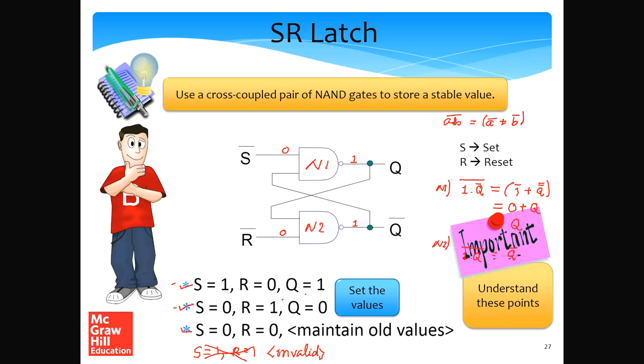And what I would advise the listener of this video is to look at all of these combinations. For S and R, there are only 4 combinations: 0,0, 0,1, 1,0, and 1,1. For all of these 4 combinations, work out the results the same way that I did and convince yourself that if S is 1, then essentially we set the value. If R is 1 and S is 0, we reset.